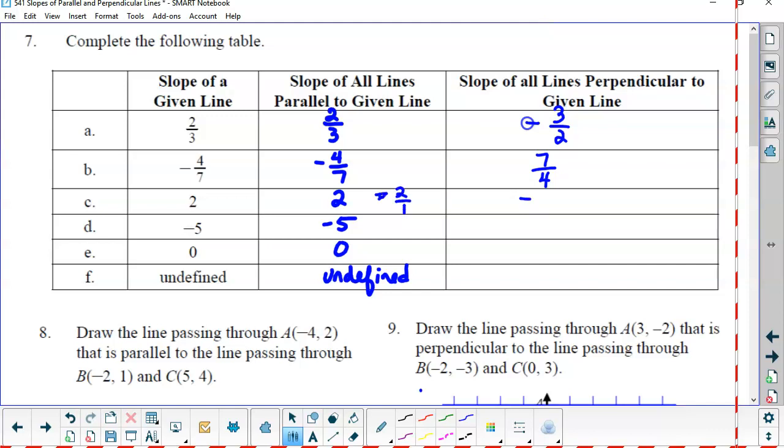This is in simplest form, but that's 2 over 1, so that's going to end up being negative 1 over 2. Negative 5, that's like negative 5 over 1, so this will be positive, and it'll be 1 over 5. Anytime it's an integer, the reciprocal is going to be 1 over.